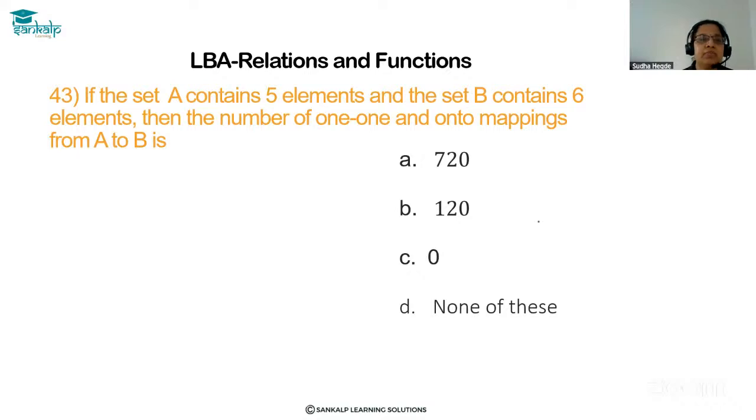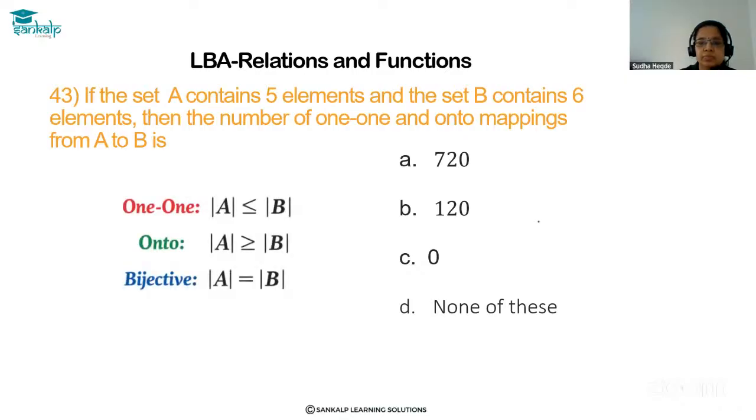Hi everyone. The question is, if the set A contains 5 elements and the set B contains 6 elements, then the number of one-one and onto mappings from A to B is. So what is given?